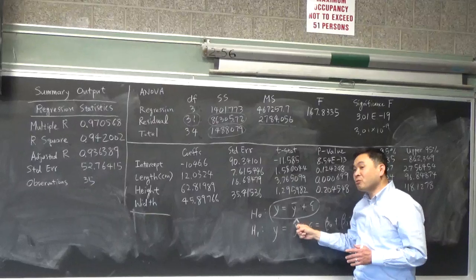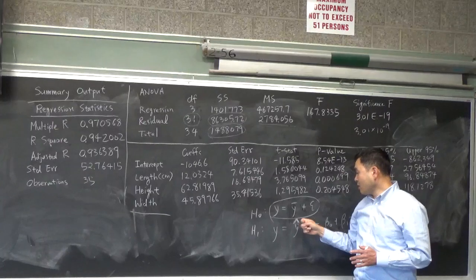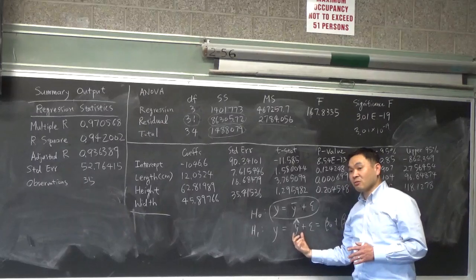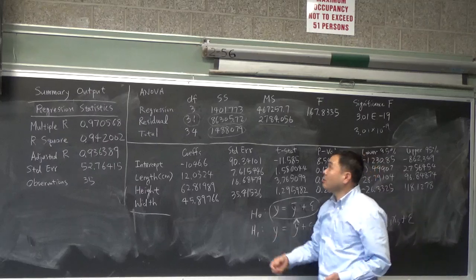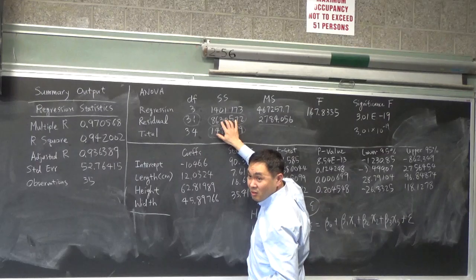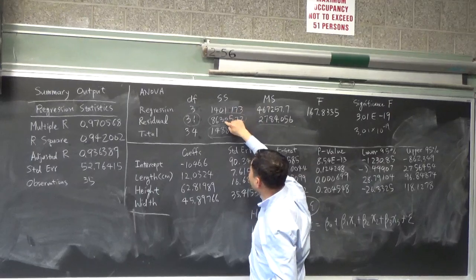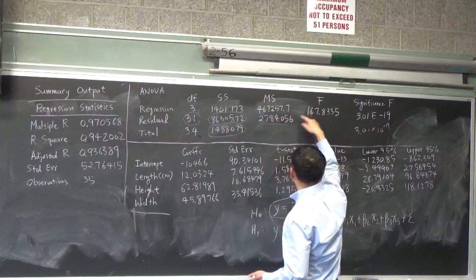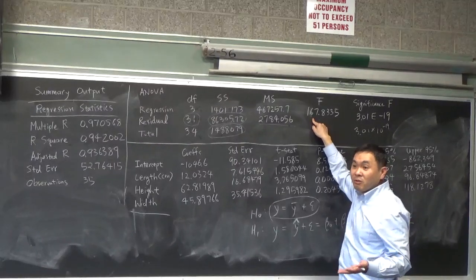If this has very poor predictability of y, then the sum of squares of y hat will be very small compared to y, right? Then this value will be small, which means this value will be large, because they have to add up to this one. Since this one's fixed, if this value is small, this is going to be large, which means that after you divide by the degrees of freedom and take the ratio, this F statistic will be a low value. It will be some small value.